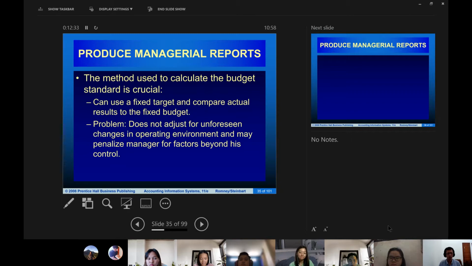Budget was developed using a set of assumptions, and if those assumptions could not be met, we could not expect to meet the budget. So we need to adjust for unforeseen changes. Otherwise, it could be penalized.